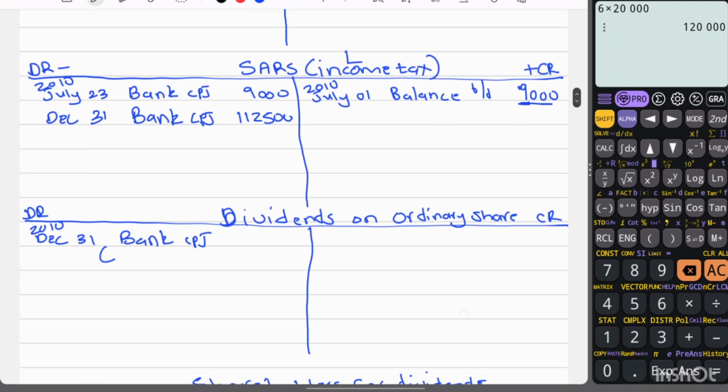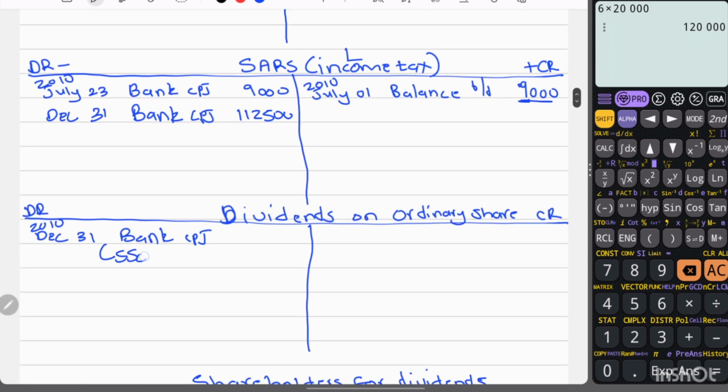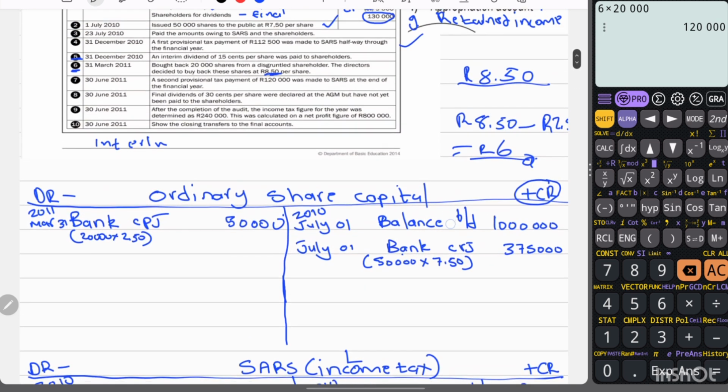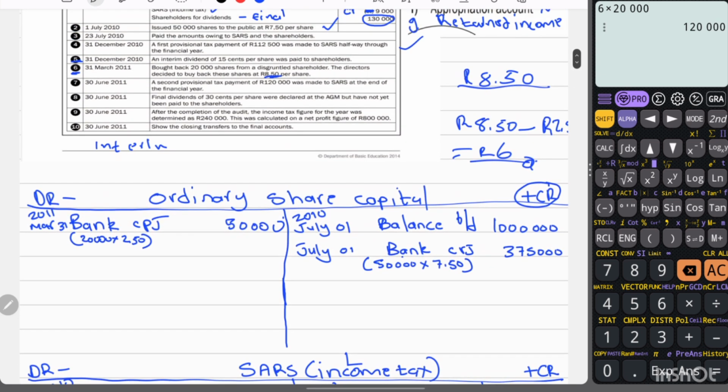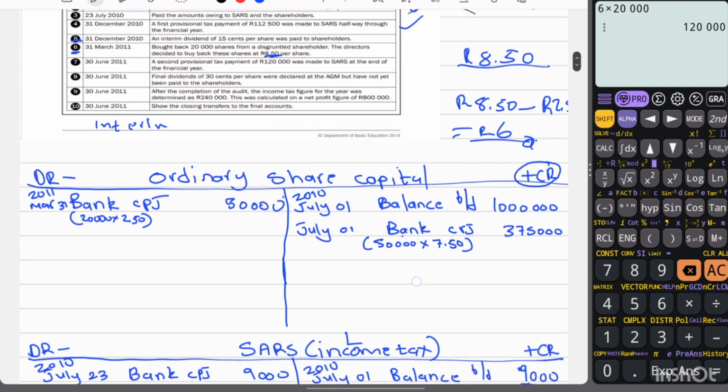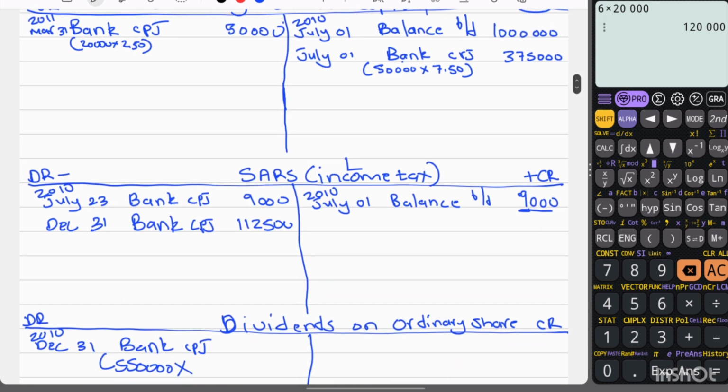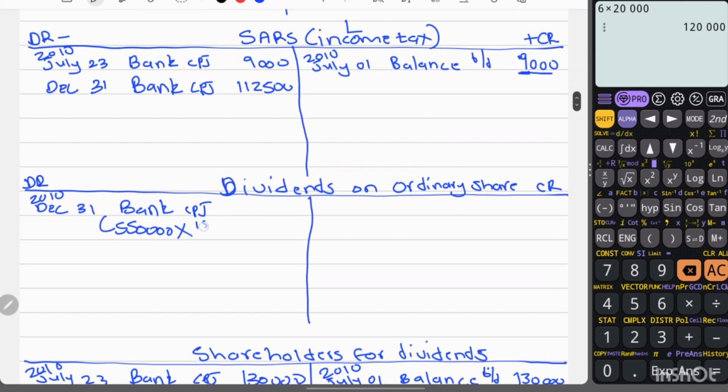Let's now calculate the interim dividend using the 550,000 shares. It's going to be 550 multiplied by the interim dividend of 15 cents over 100.